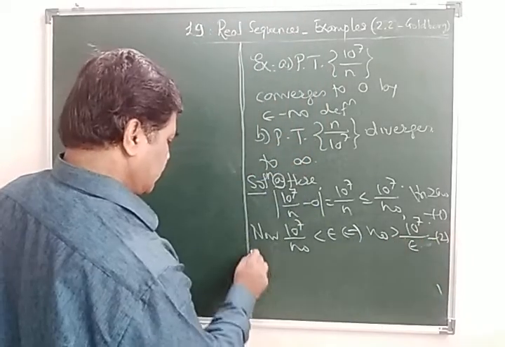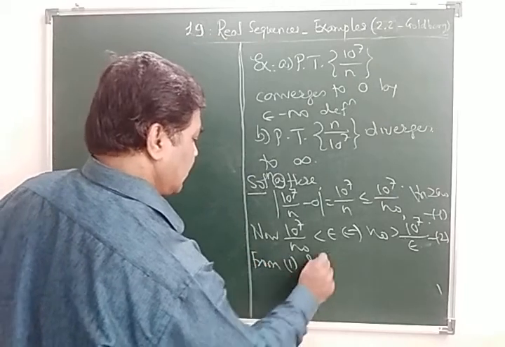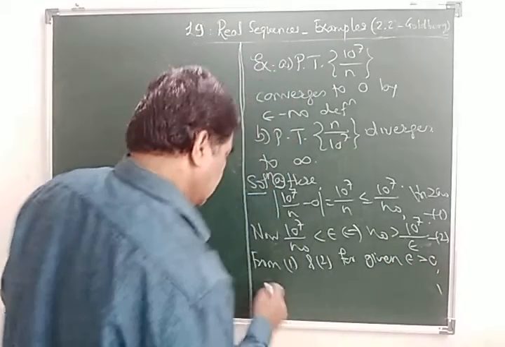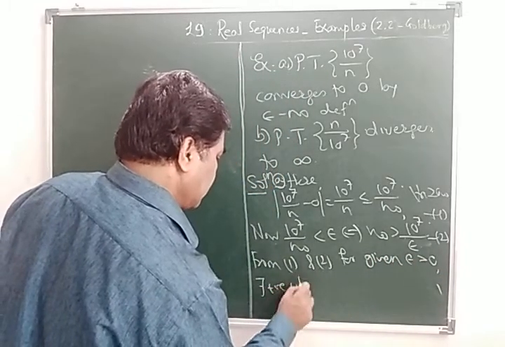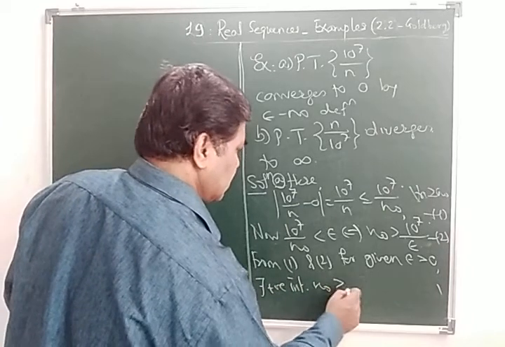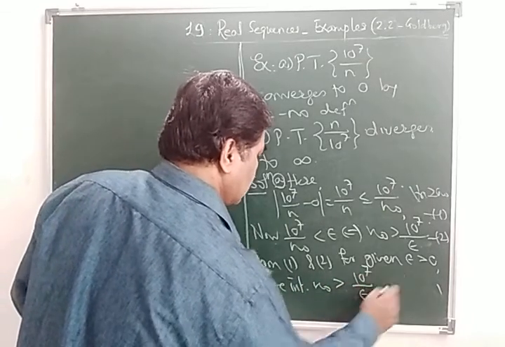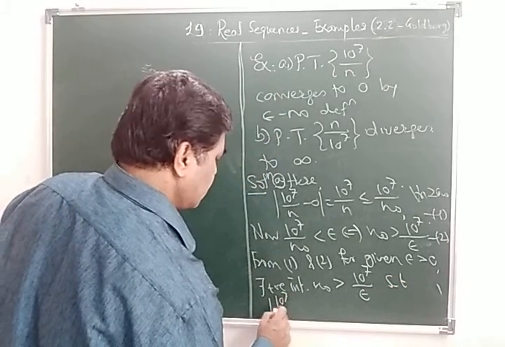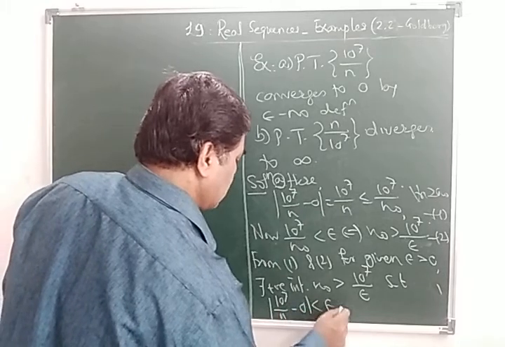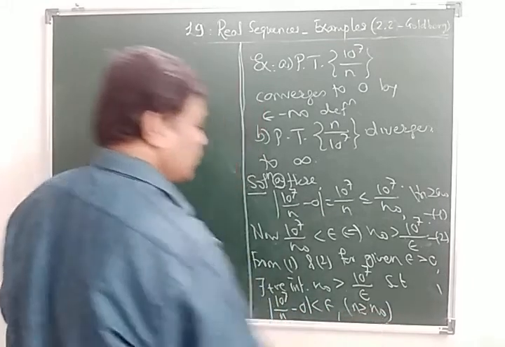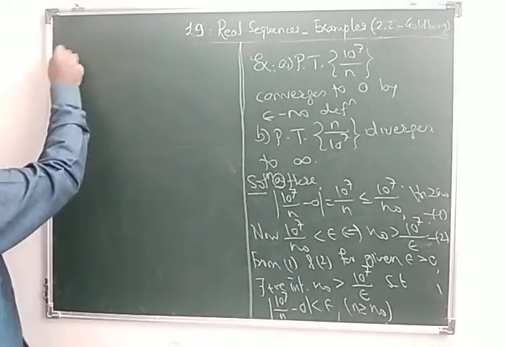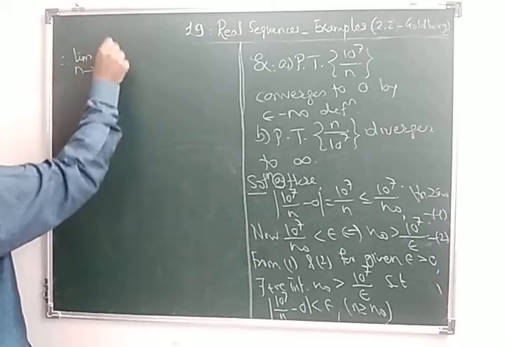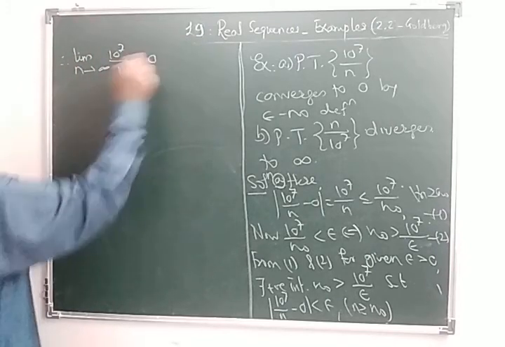So from 1 and 2, for given epsilon greater than 0, there exists a positive integer n naught by the Archimedean property, n naught greater than 10 raised to 7 upon epsilon, such that mod of 10 raised to 7 upon n minus 0 is less than epsilon for any n greater equal n naught. And therefore the limit as n tends to infinity of 10 raised to 7 upon n is 0.